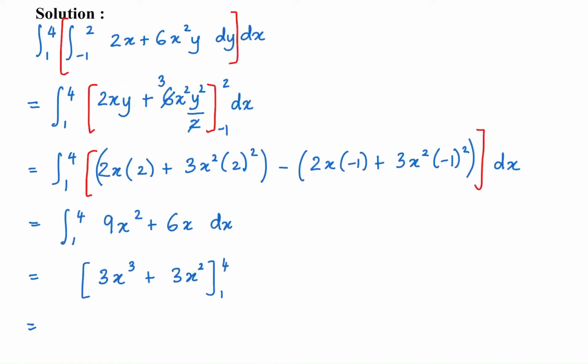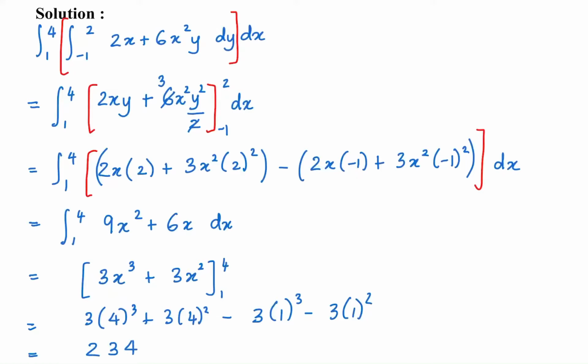Insert your values. Please show your working at this stage. 4 squared, take away 3 of 1 cubed, take away 3 of 1 squared. Our answer is 234.